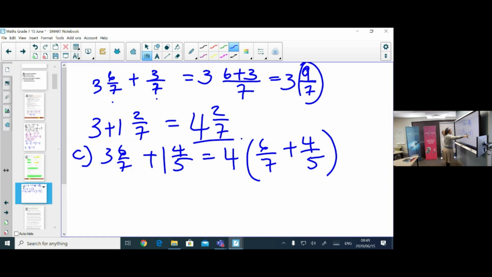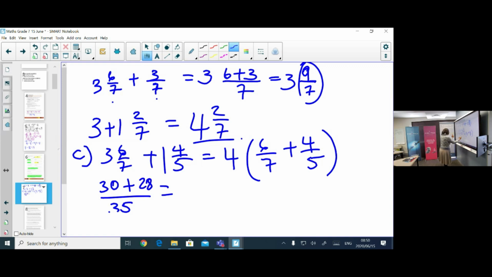So our denominator, our LCM, can be 35. The lowest common multiple, so here 5 goes 5 times, 5 times 6, plus this one times 7, 7 times 4, 28. So we add.